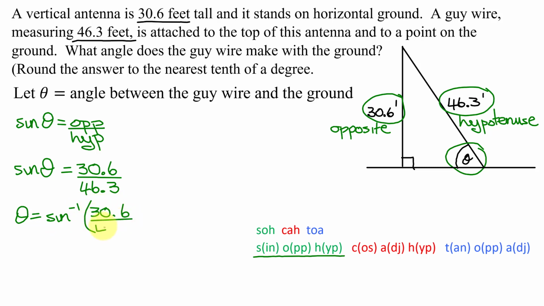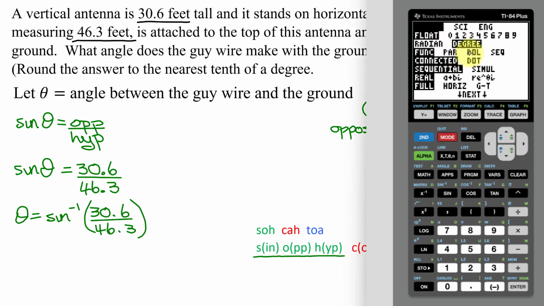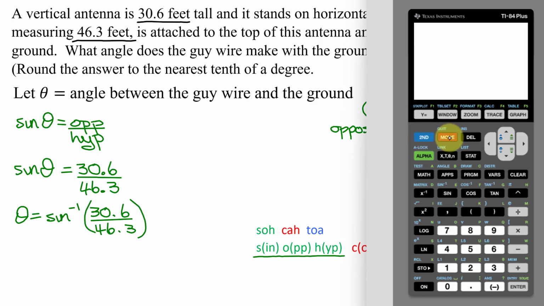30.6 divided by 46.3. Here is my calculator. It's a TI-84 Plus. I need to make sure I'm in degree mode, so hit mode. Degrees are highlighted, that's what I want, so quit, second mode. And now I need to type this in.